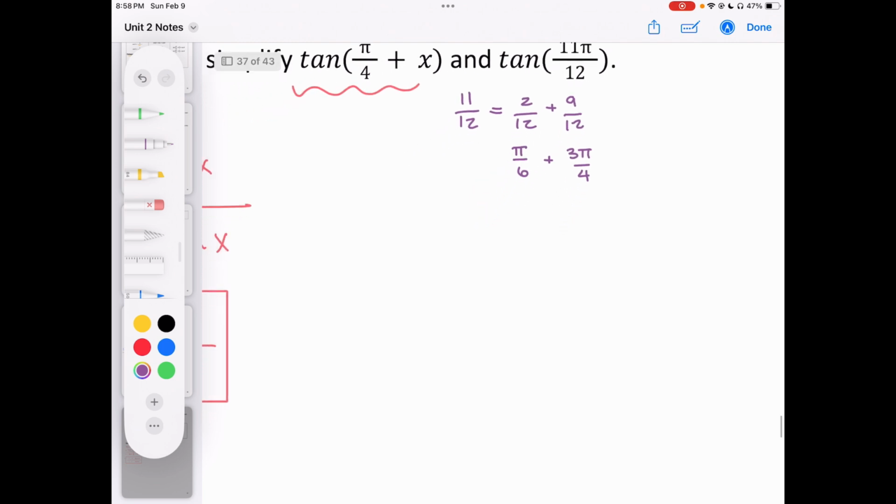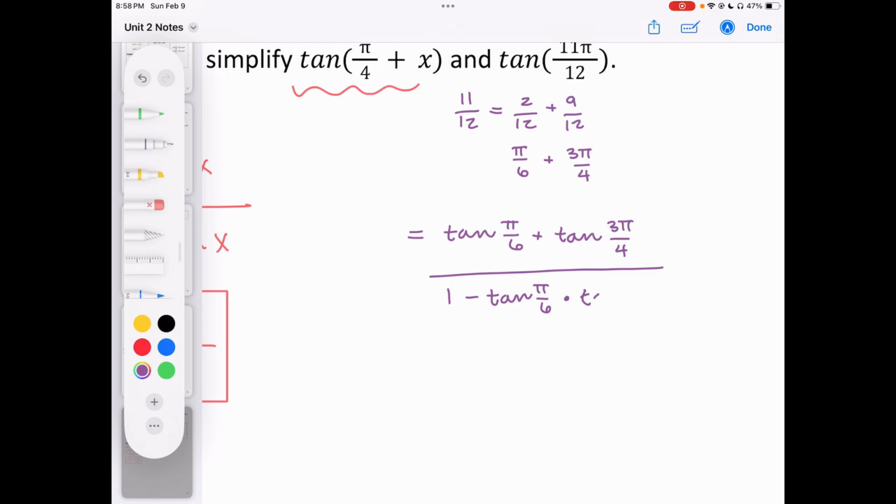Now let's go ahead and use those to plug in. So this was addition, so we'll do what we did earlier. We're gonna have tangent of pi over 6 plus tangent of 3 pi over 4, all divided by 1 minus tangent of pi over 6 times tangent of 3 pi over 4.